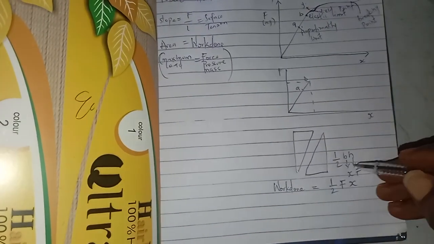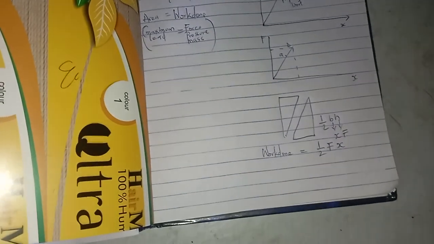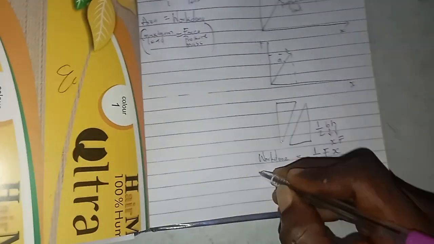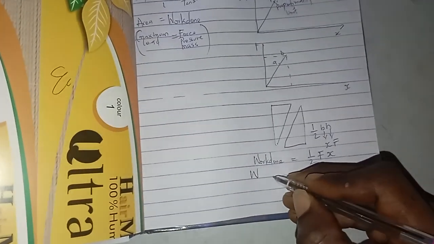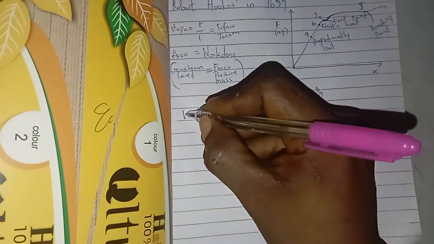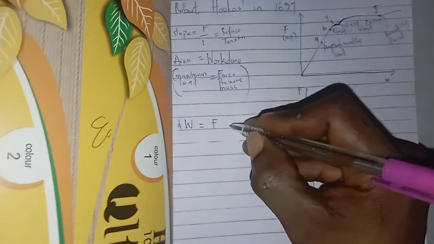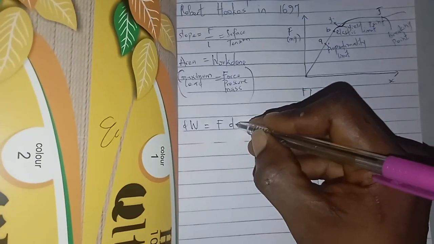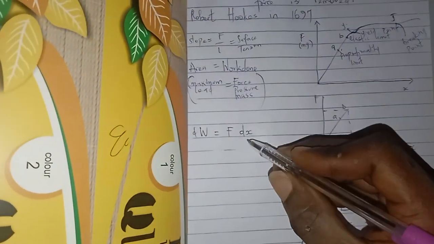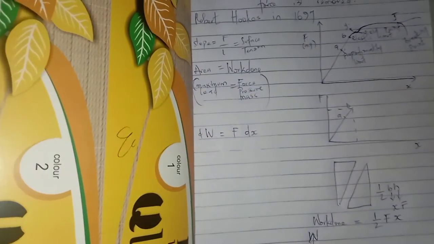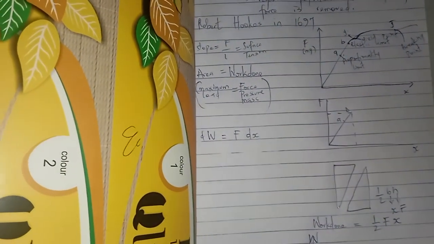So from this triangle, there are sometimes things like work done that you see in your textbook. Let me do it with you here. They say the change in the work done is directly proportional to the force applied at a particular distance, at a small distance. And whenever you say small distance or small anything in physics, it means change in that particular quantity.